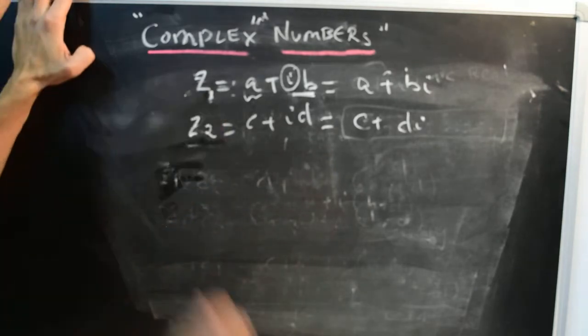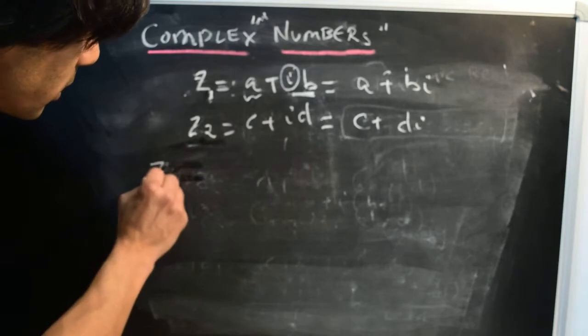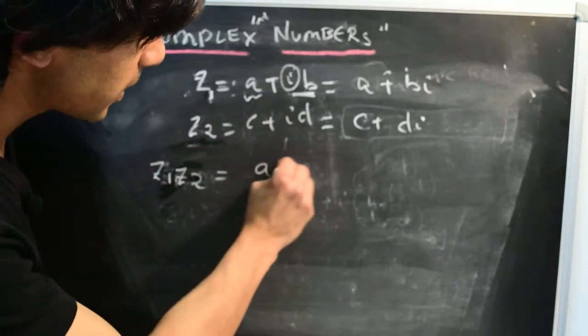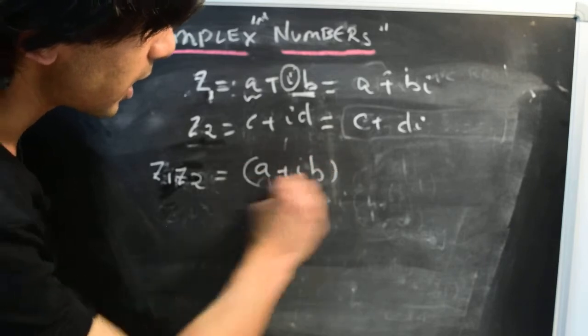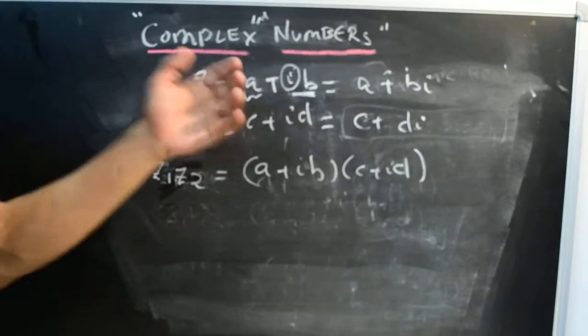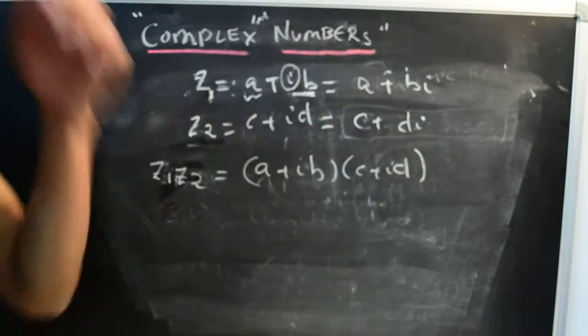Okay, so with this definition, let's define multiplication of complex numbers. z1 times z2 is a plus ib times c plus id. Multiplication is a generalization of this definition.